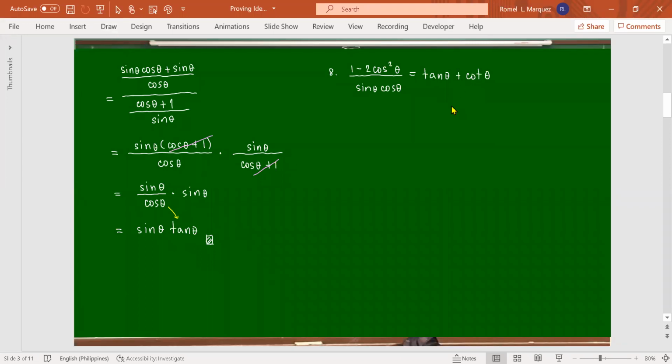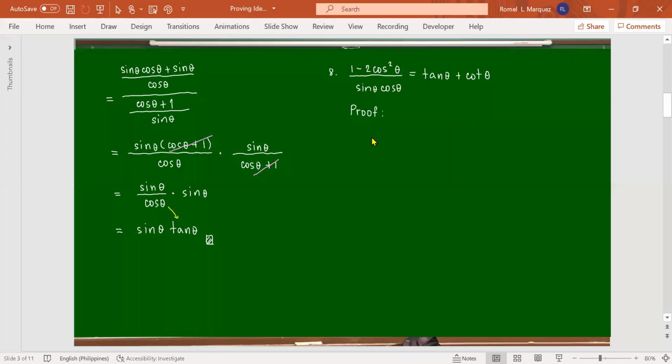Let's see which one is possible for this to be equal to the left side. Okay? So I'm answering problems without solutions. So I'm just copying from the book. This is taken from the book of Paul Rider, Plane and Spherical Trigonometry.